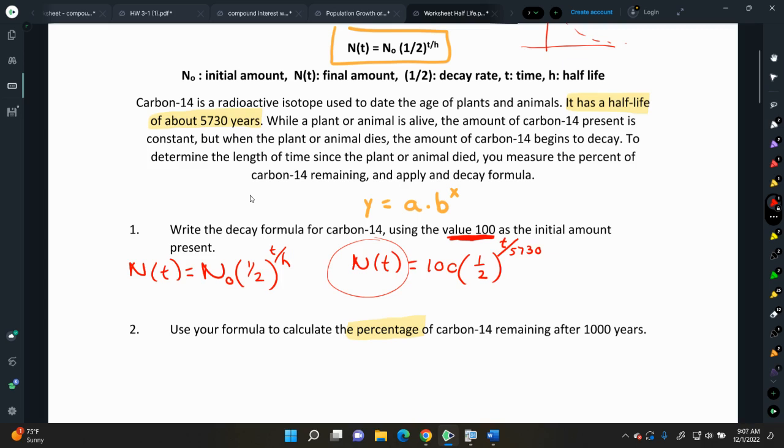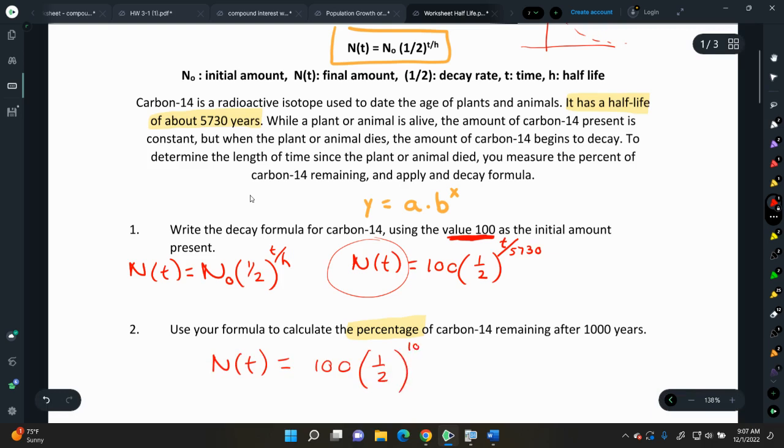So if I want to know how much is left after 1,000 years, N of t equals 100 times 1/2 to the 1,000 years over 5,730.